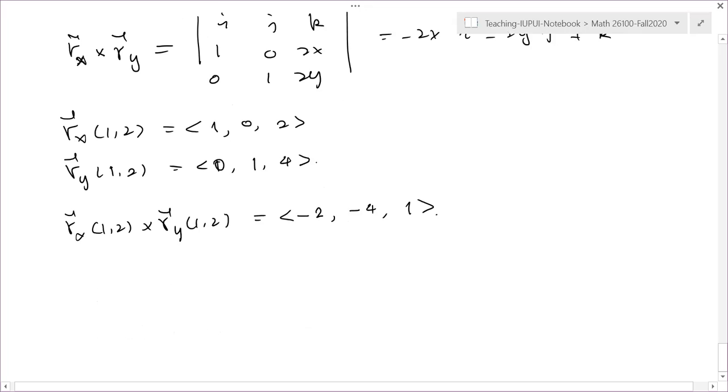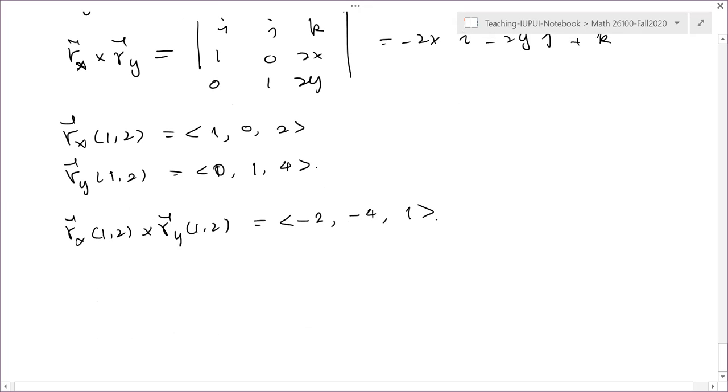So to find the equation for the tangent plane, I just need x minus 1, y minus 2, z minus 5, the dot product, it's 0. Okay, so this is a normal vector.